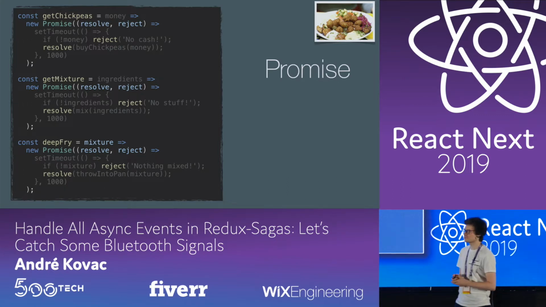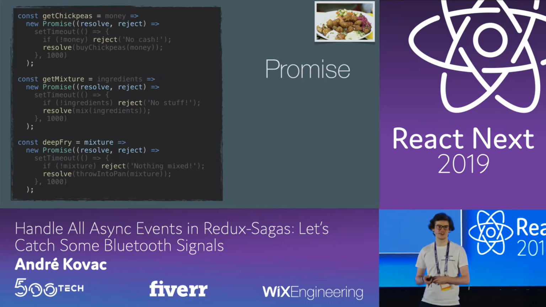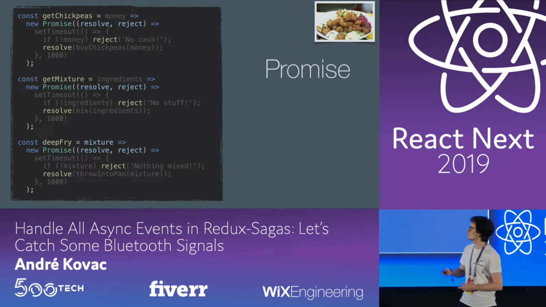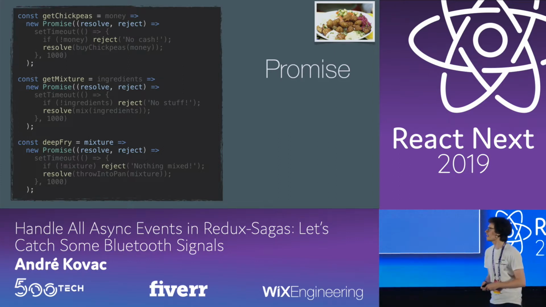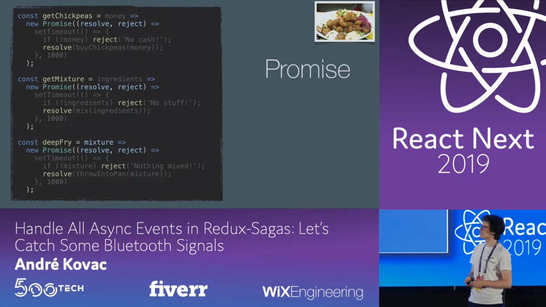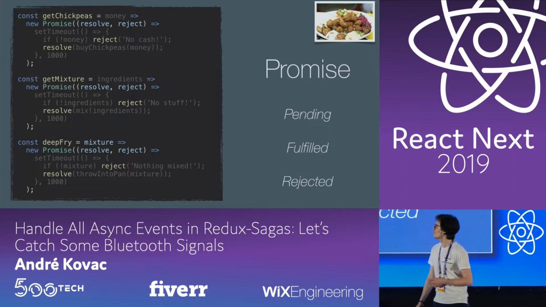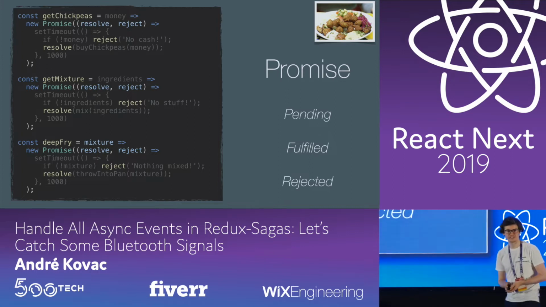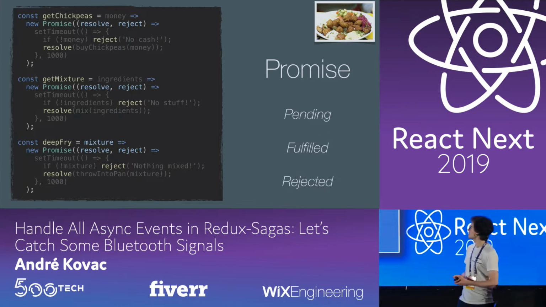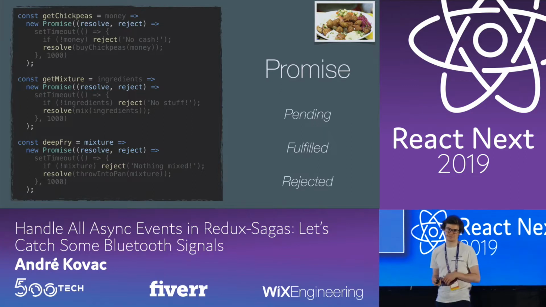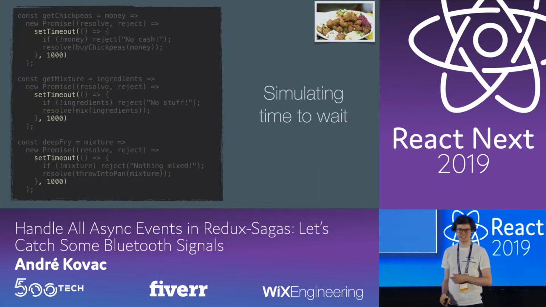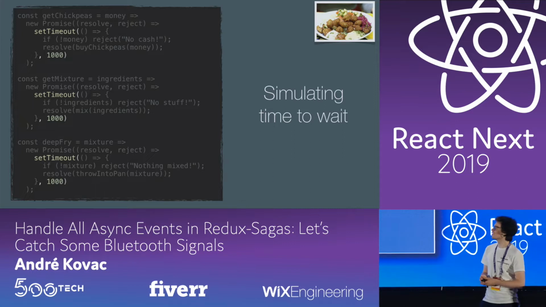And so here I created 3 functions which all return promises. These are the same ones as before, but now they return a promise. So they have resolve and reject callbacks, in case everything went well or not. And in a promise, you have these 3 states of pending, fulfilled, or rejected if something went wrong. Probably a review for all of you.